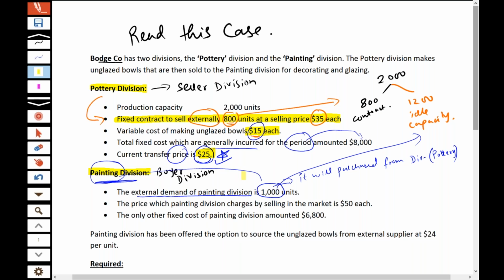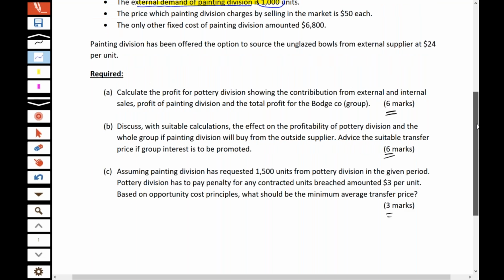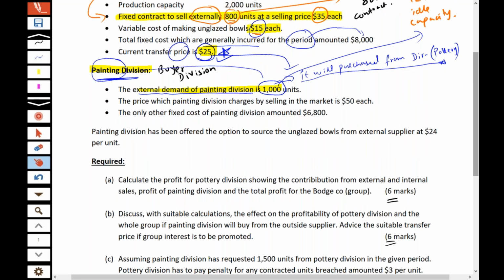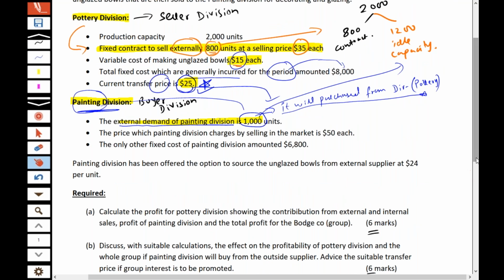Let's read the case. The painting division needs 1,000 units, which will be purchased from pottery, obviously at $25. The price which painting division charges by selling in the market is 50.